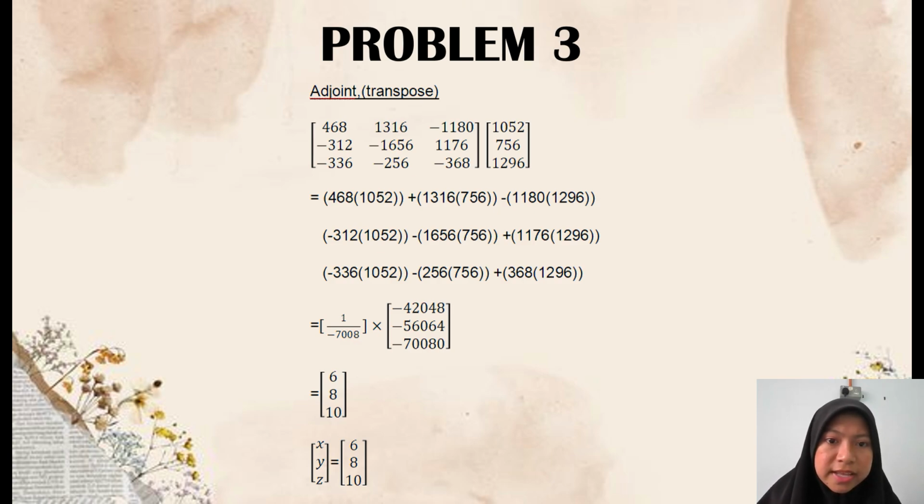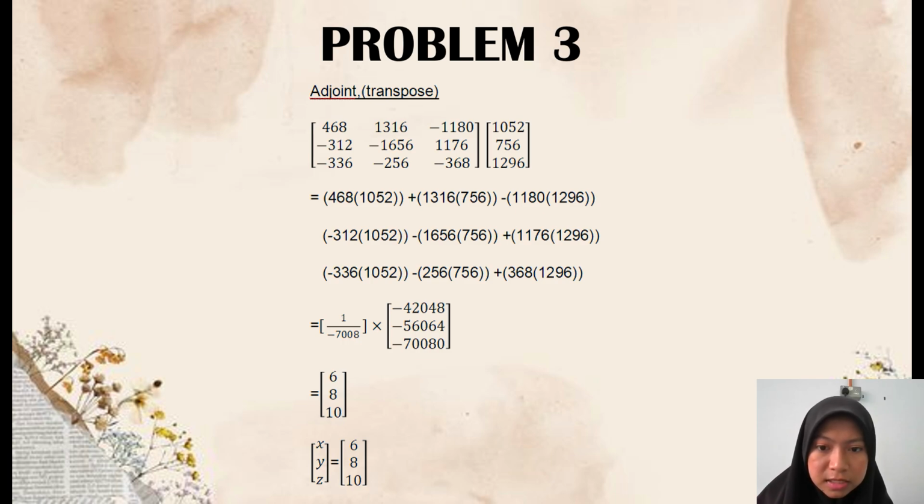This slide is about adjoint, transpose, which means row to column. After the transpose, times the total RM of first day, second day and third day.